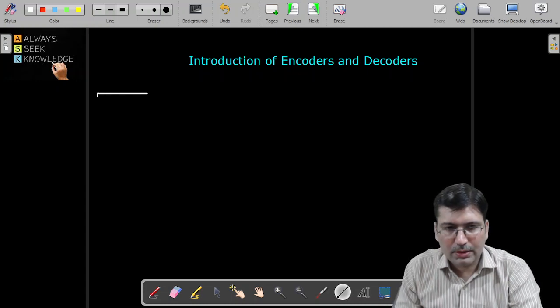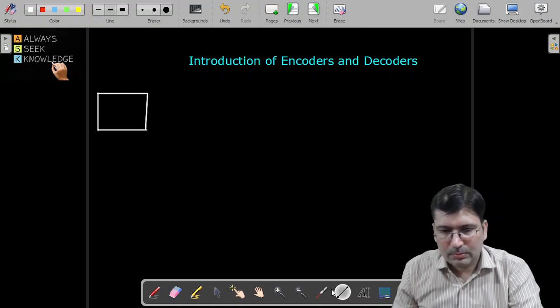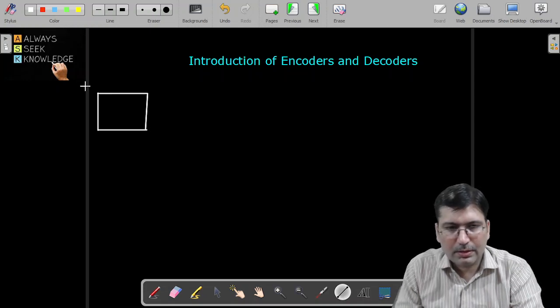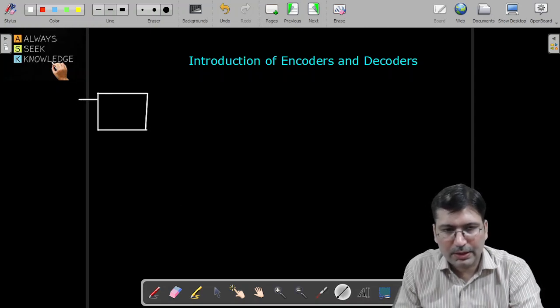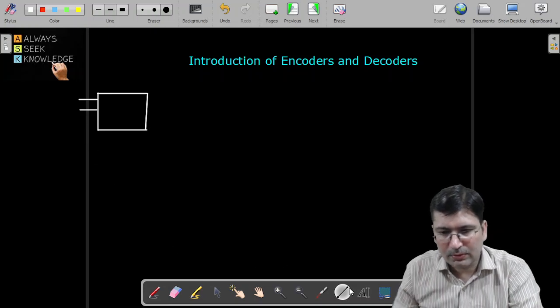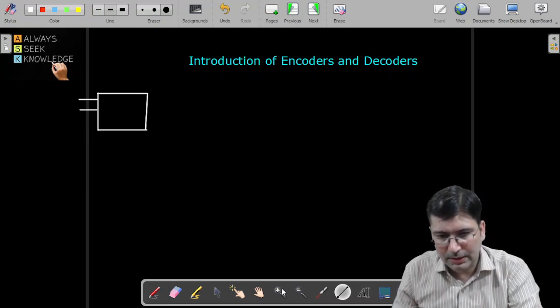Encoder and decoder are two very important combinational circuits. It doesn't have any memory element, but when it comes to encoder, encoder takes some number of lines, so you can say 2 to the power n lines.